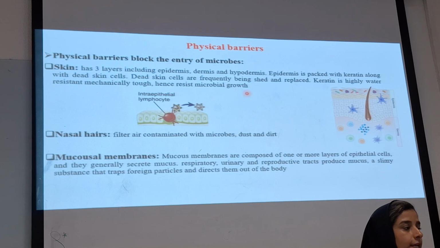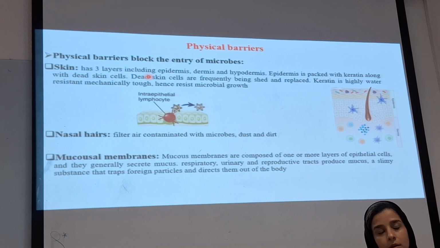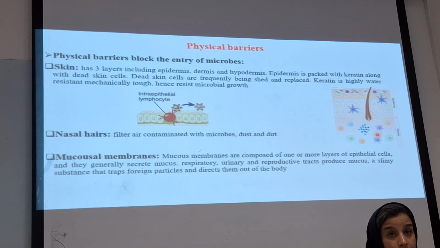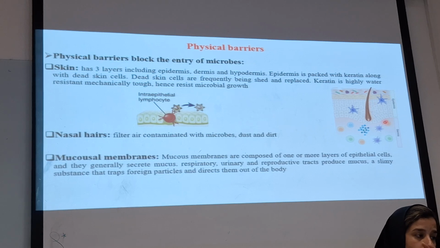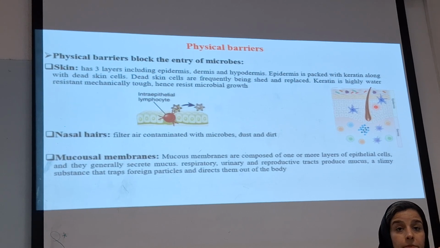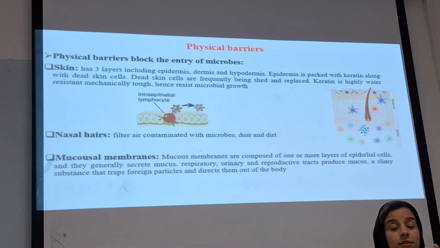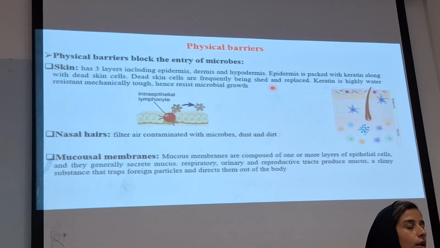For example, in the skin, we have three layers. Every skin has three layers, like epidermis, hypodermis, and dermis. And in the epidermis, there are a lot of keratinocytes, and these keratinocytes are aligned with some dead skin cells.